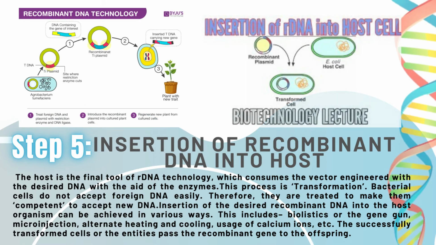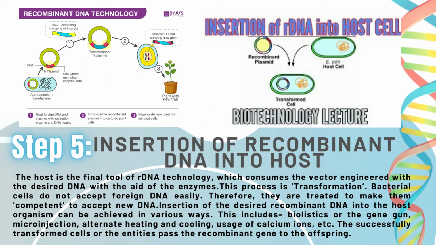The host is the final tool of our DNA technology, which consumes the vector engineered with the desired DNA with the aid of the enzymes. This process is transformation. Bacterial cells do not accept foreign DNA easily. Therefore, they are treated to make them competent to accept new DNA. Insertion of the desired recombinant DNA into the host organism can be achieved in various ways.